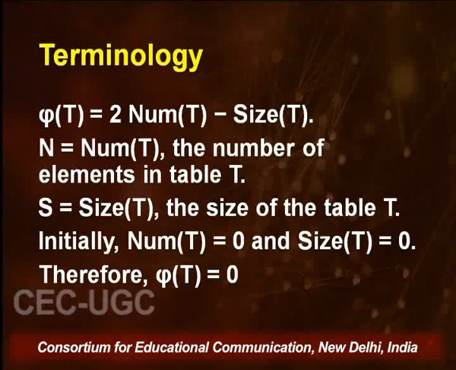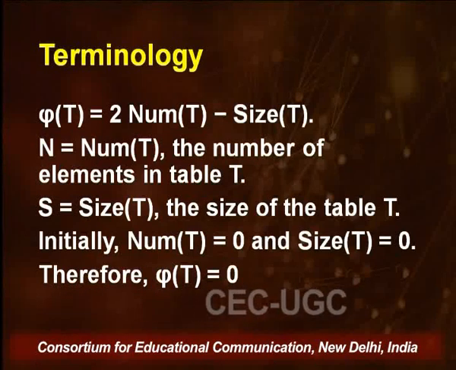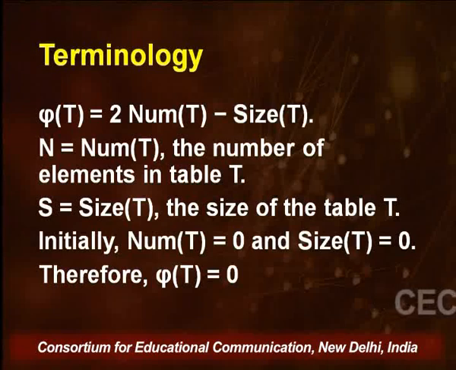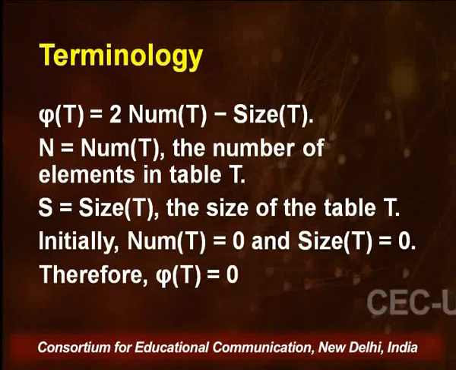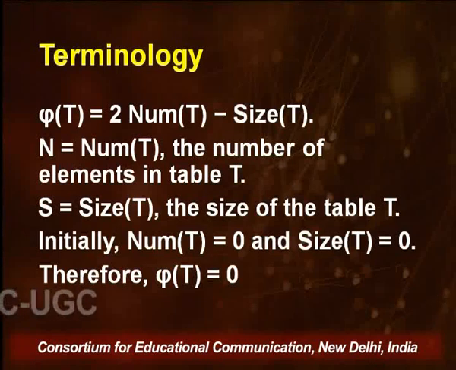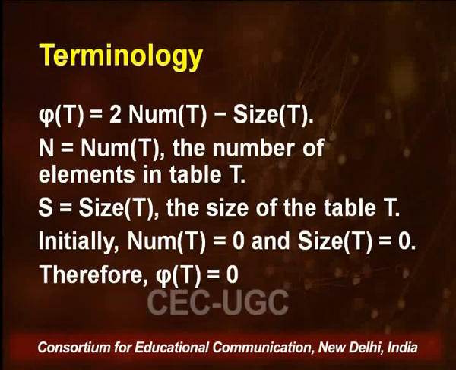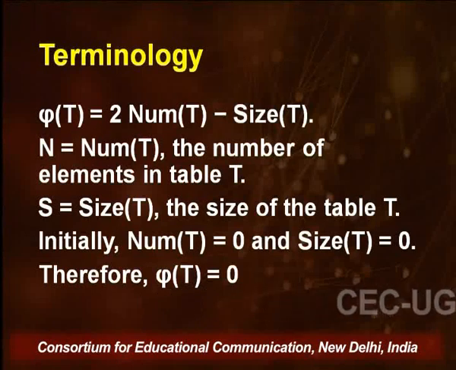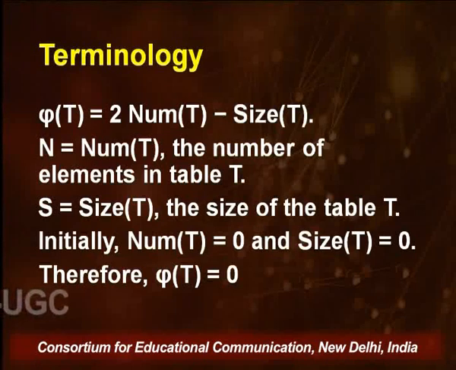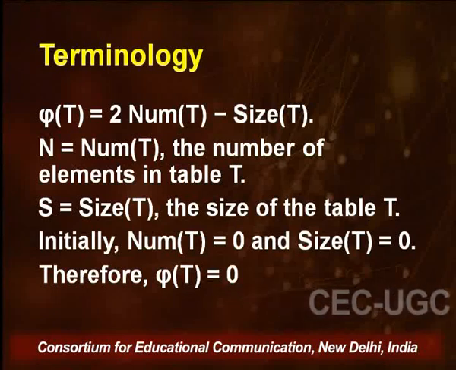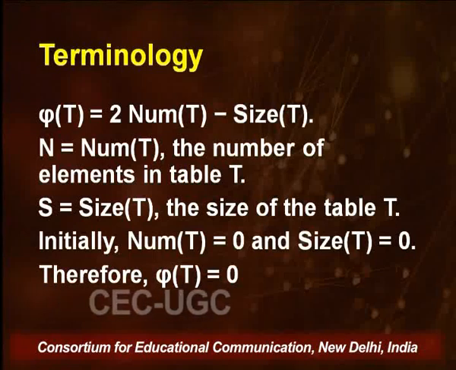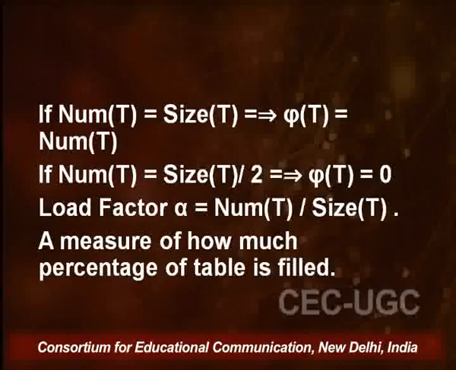The potential function we are working with until this point is twice num[T] minus size[T], where num[T] is the number of elements in the table T, while size[T] is the size of the table T. Initially, when there is no element in the table, or even the table does not exist, num[T] is equal to 0, and so is size[T]. Therefore phi(T) is also 0.